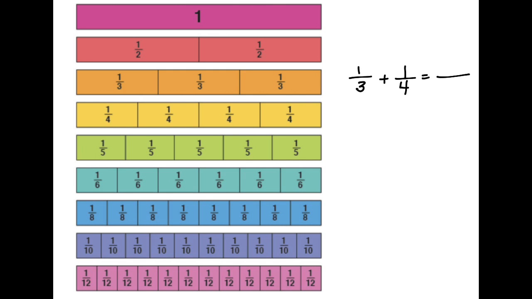So what does that mean? It means that I can't have thirds and fourths added up. I need to convert 1/3 to something and convert 1/4 to the same thing so that the two denominators are the same, so I can add straight across.